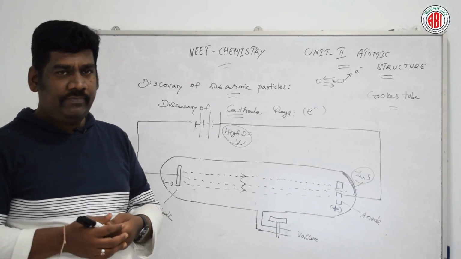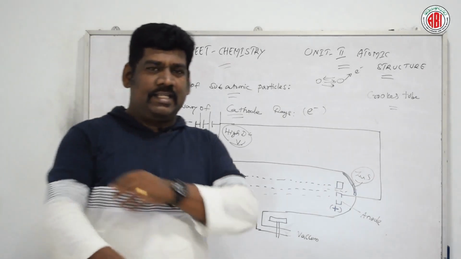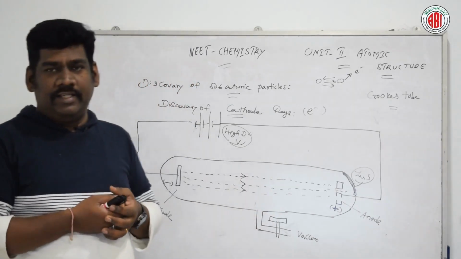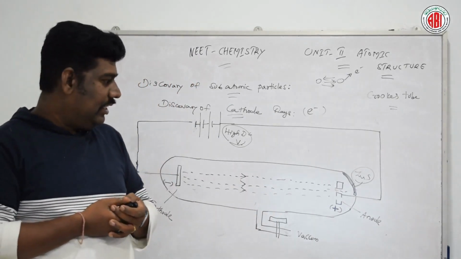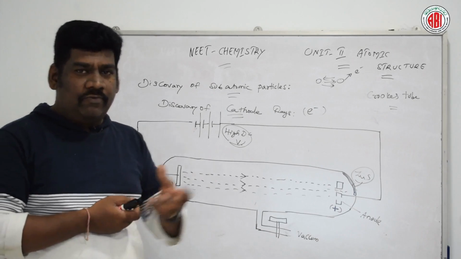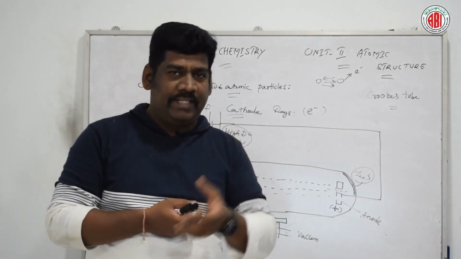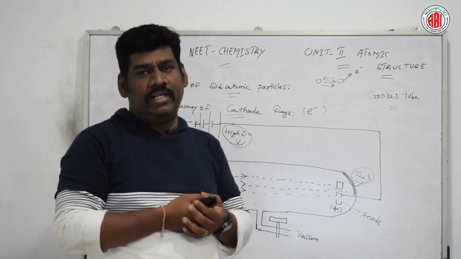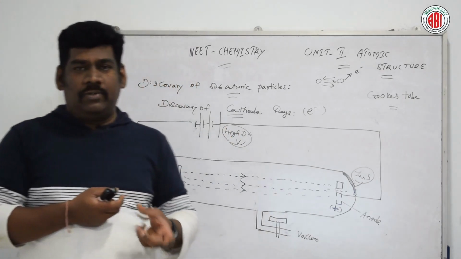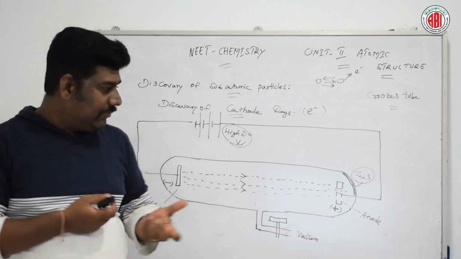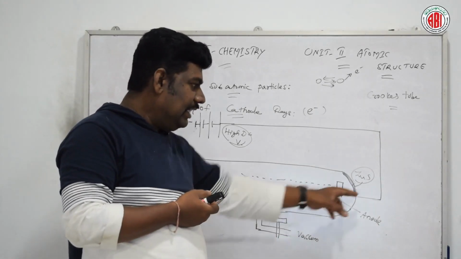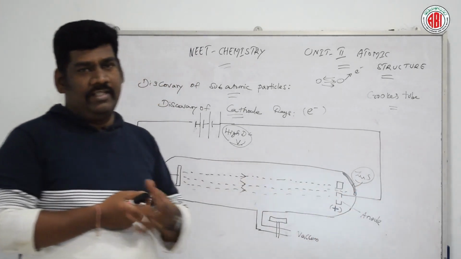Next, these rays are observed with the help of a particular fluorescent substance, a fluorescent material. Fluorescent meaning colorful material. Okay. So the fluorescent material we used in this experiment is zinc sulfide.